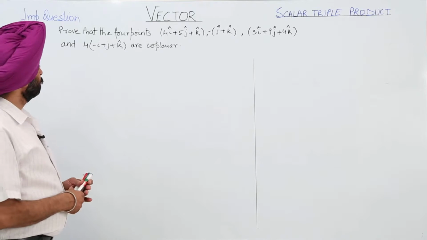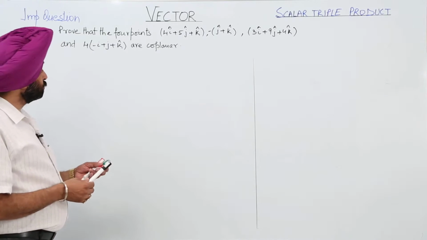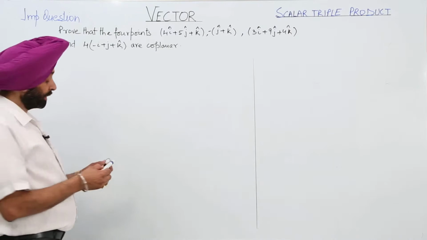Now 4 points are given to us and we have to show that these points are coplanar.